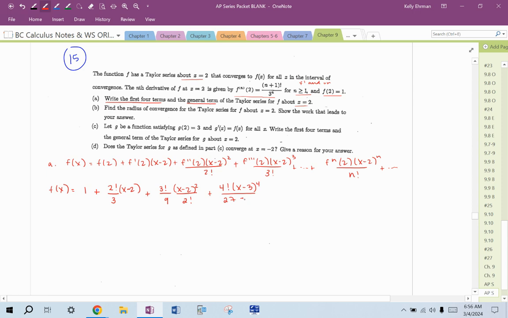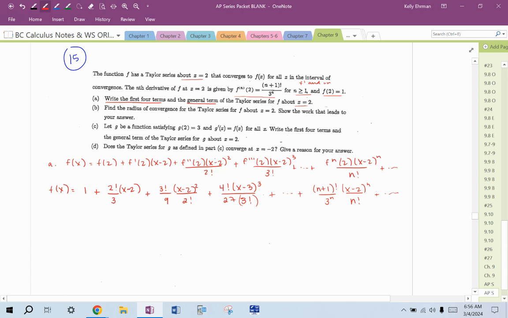And then this is times x minus 2 cubed over 3 factorial, plus dot, dot, dot, plus, and then for the nth derivative, I'm going to put in n plus 1 factorial over 3 to the n times x minus 2 to the n over n factorial plus dot, dot, dot.